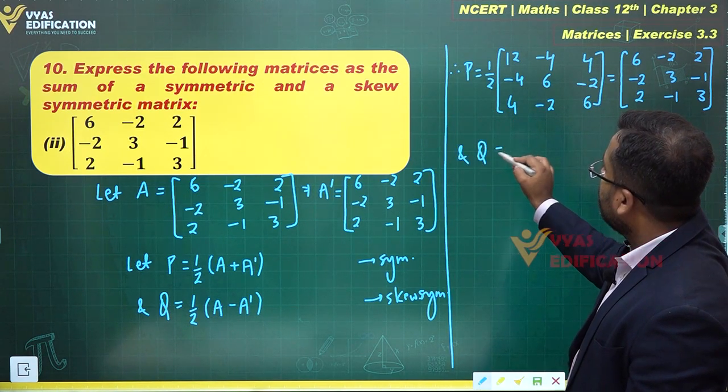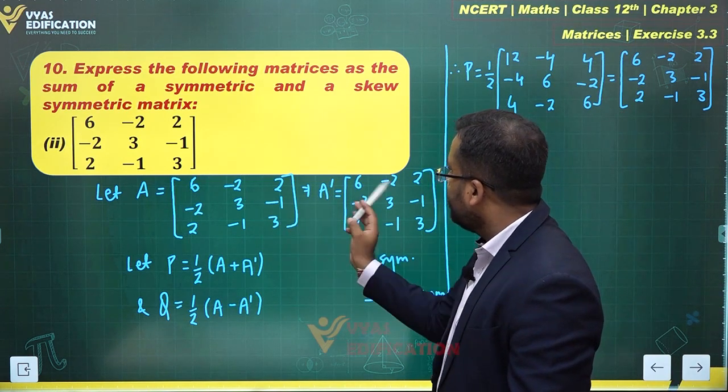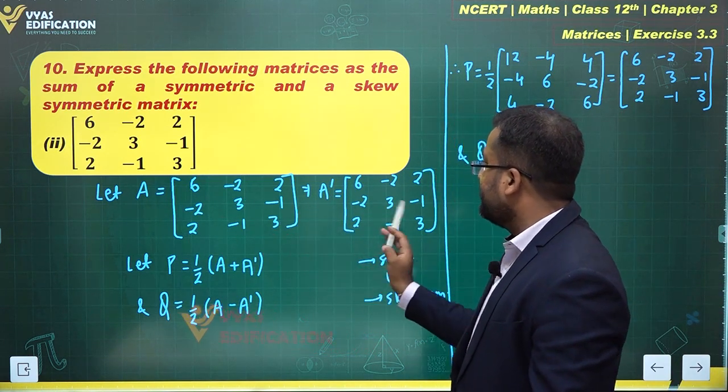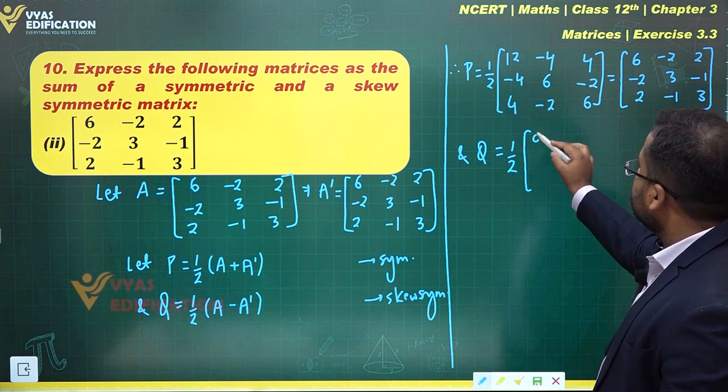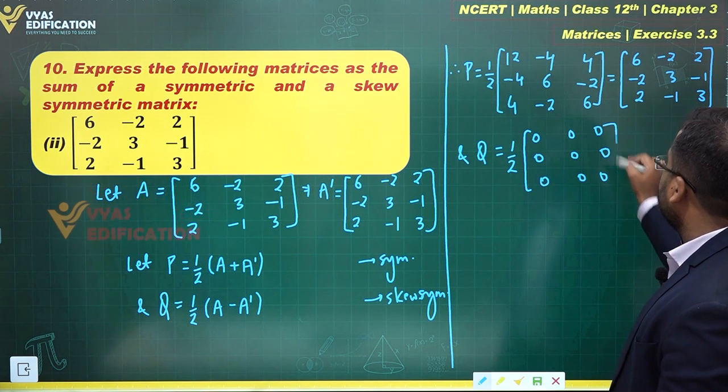Q equals half of A minus A. What is that? 6 minus 6 is 0, minus 2, everything gets cancelled. Can you observe that everything gets cancelled? This becomes 0, 0, 0, 0, 0, 0, 0, 0, 0. That's a null matrix.